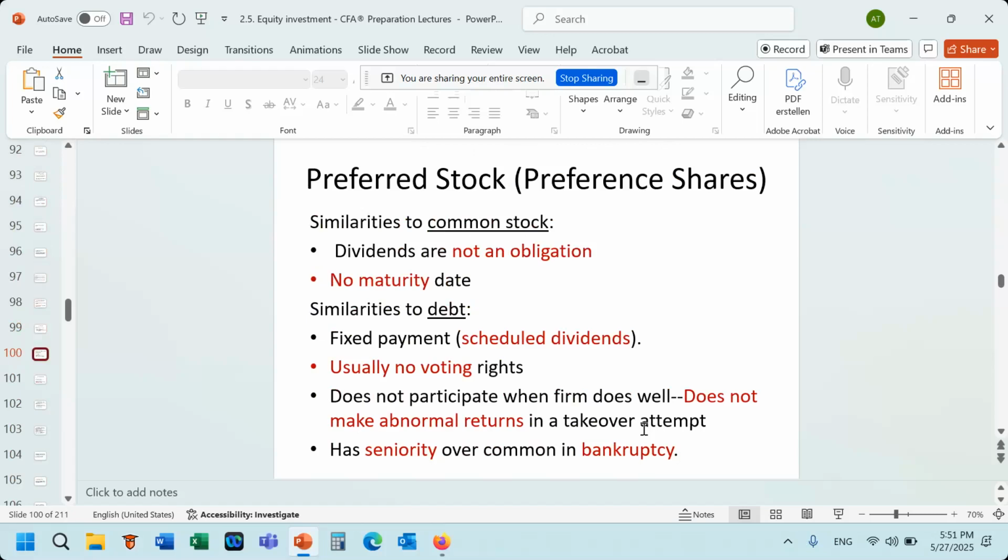And then preferred stock has seniority over common stock. Seniority means that the judge usually pays these preferred stockholders first and pays them more than she or he pays to the common stockholders.